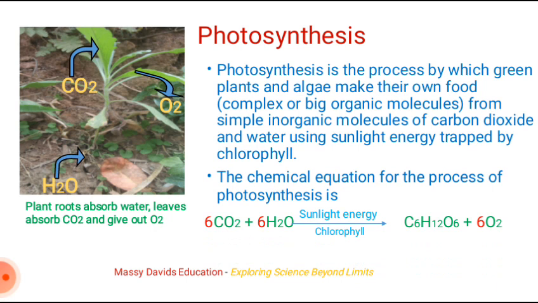In the picture there, we can see that water is absorbed from the soil using the plant roots. Carbon dioxide in the atmosphere diffuses into the leaves of the plant, and then the oxygen comes out of the plant leaves through the stomata.